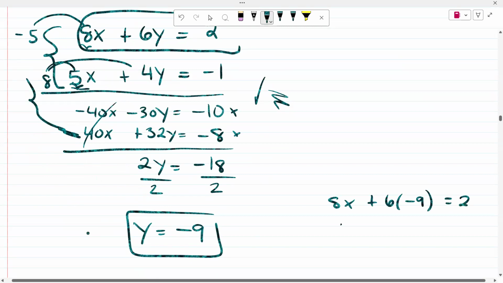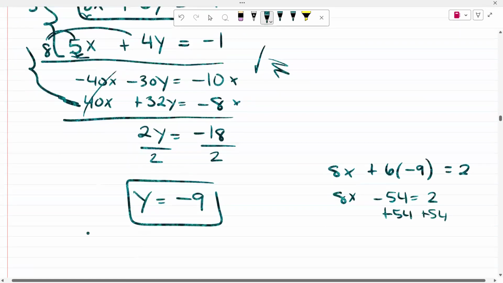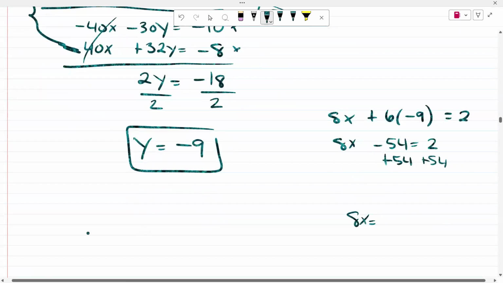And when you do all the work, it's 8x minus 54 equals 2, and then solve for x. 56 divided by 8, and you get x equals 7. Okay, so your solution is (7, -9).